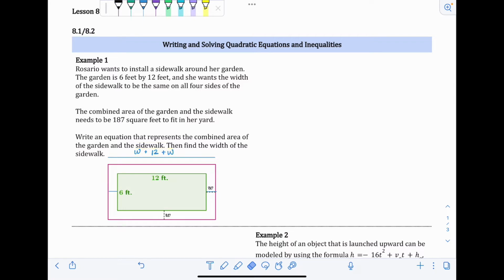So I'm going to rewrite this as 2W plus 12, and that represents the width of the garden, including the sidewalk. And then for the height, we can see right here that the height is 6, but we have to incorporate the sidewalk that she wants to add around as well.